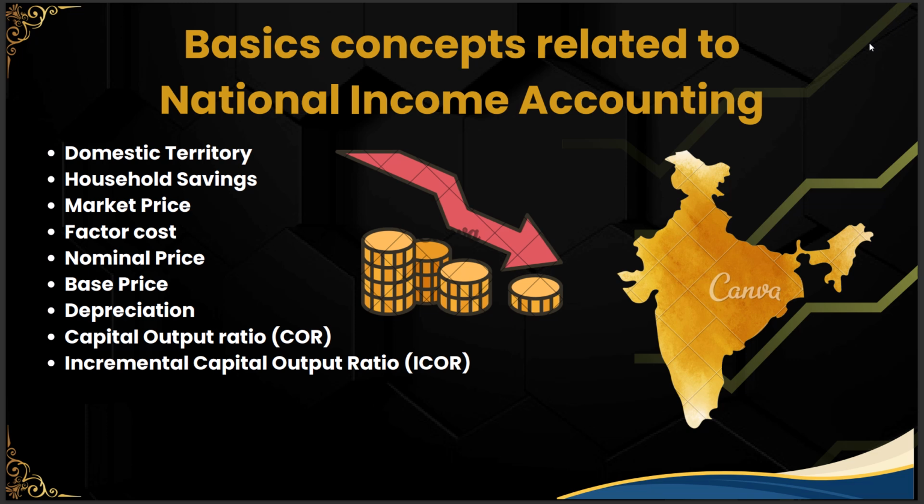Next is household savings. See, we save through many ways: currency, bank deposits, debt securities, mutual funds, pension funds, insurance and investments in small saving schemes. When we add together all of the above savings, we get the gross household financial savings.